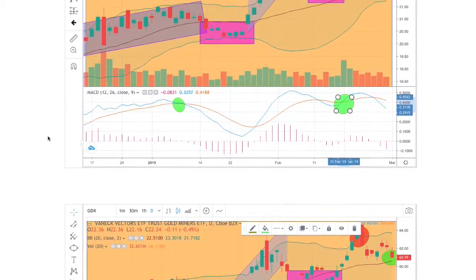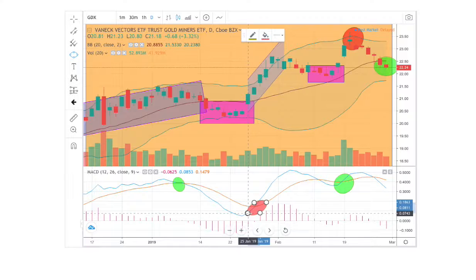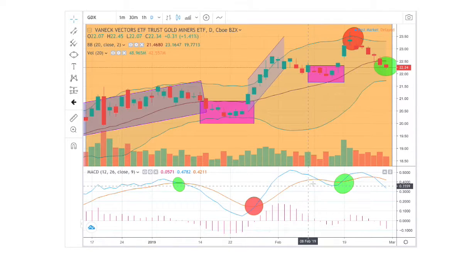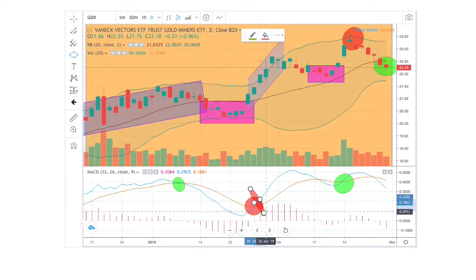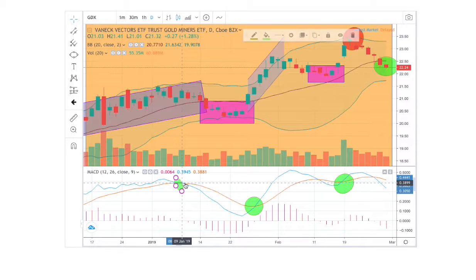Let's mark the diverging. And you notice that the MACD is still positive on the current trend here. So in this, it diverges. Actually, that was a convergence. Make this green. And then, this is actually a divergence.